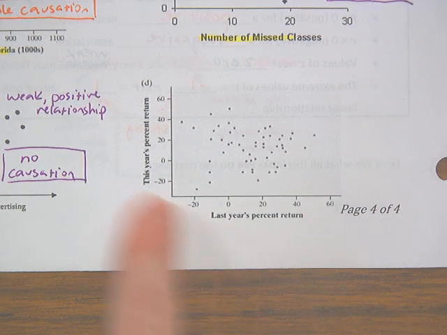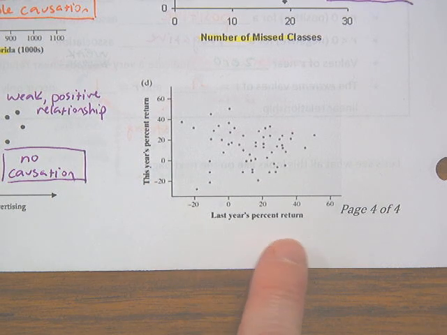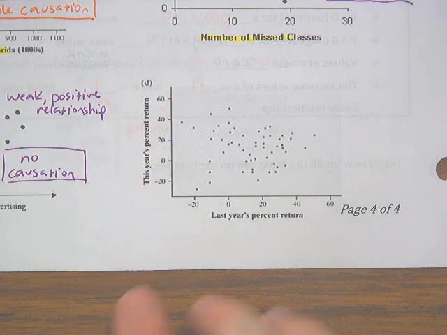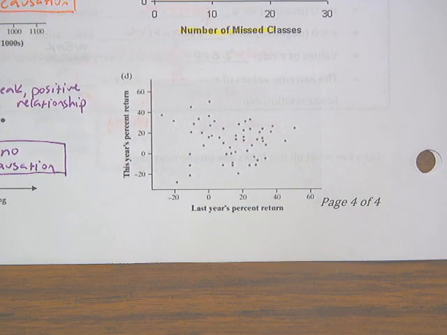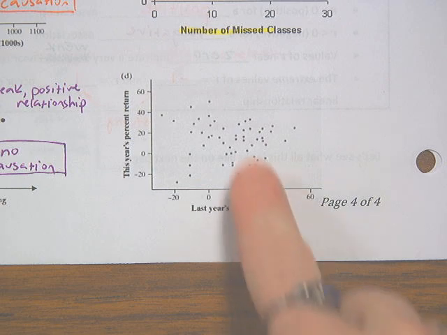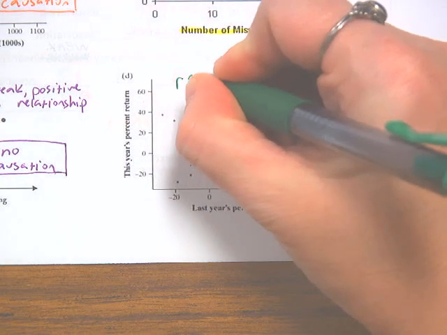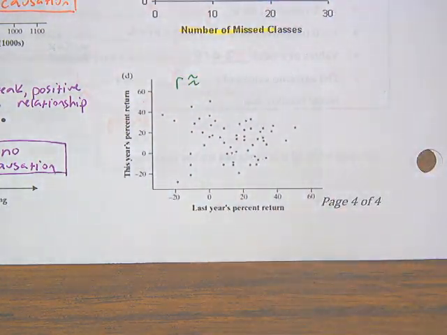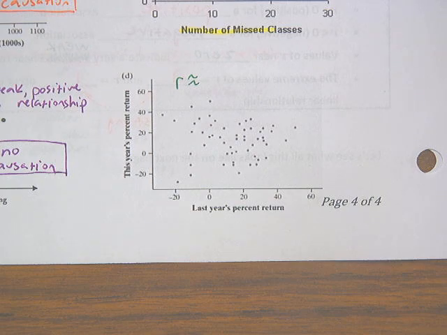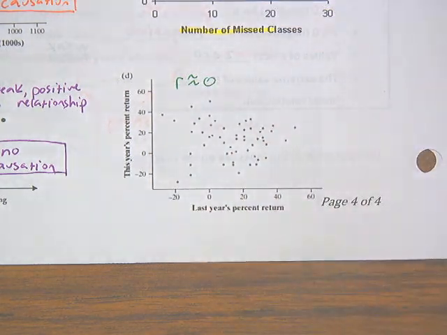Okay, last one, and it's very vague. It says last year's percent return and this year's percent return. Maybe that's talking about either return on investment or tax return. I don't really know. Kind of doesn't matter because what do you see going on here? Craziness, no association. What would our R value be? Let's put 0.